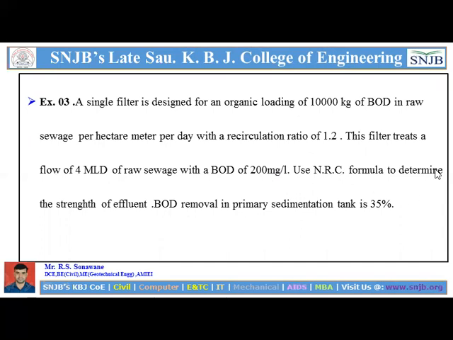Use the NRC formula to determine the strength of effluent, BOD removed in a primary sedimentation tank is 35%. So here again you have to use the NRC formula to design a single stage trickling filter, in terms of its volume, its dimension and the efficiency of the trickling filter after considering all these parameters.